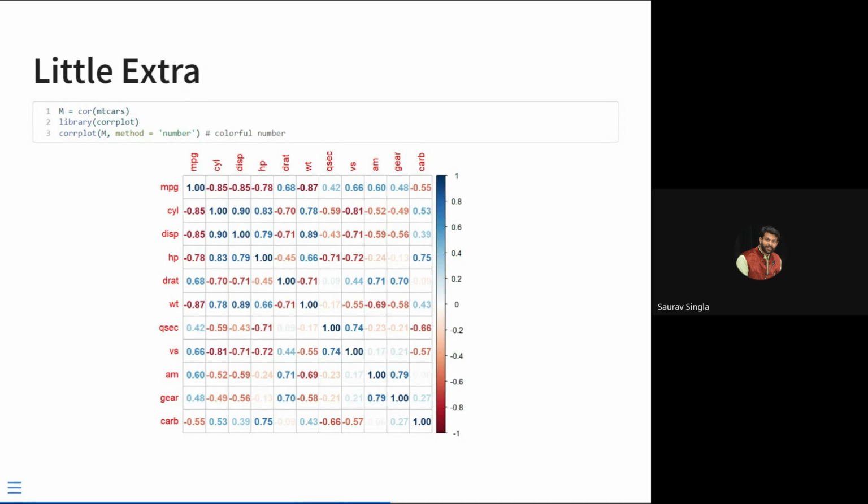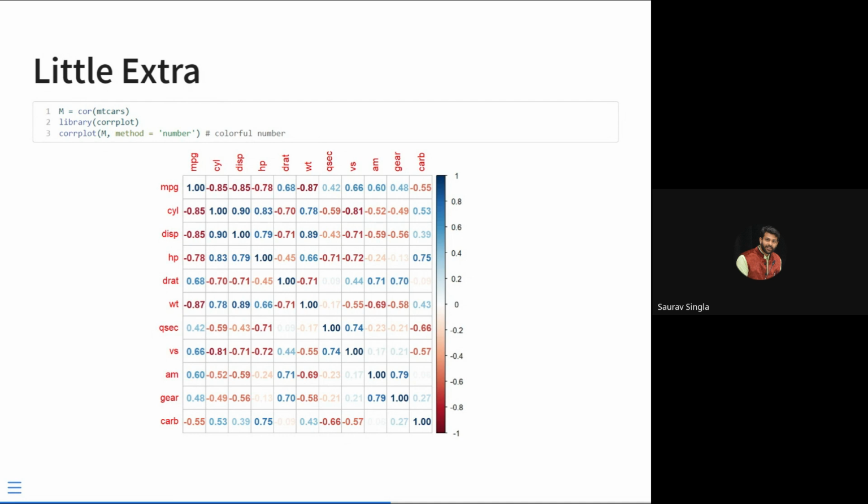Higher magnitude, that is more than 0.7, more than 0.8 correlation, whether positive or negative, like minus 0.7, minus 0.8, minus 0.9, these are very high correlations. Similarly, plus 0.7, plus 0.8, plus 0.9, these are very high positive correlations.